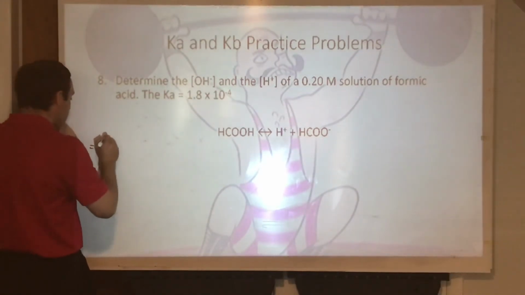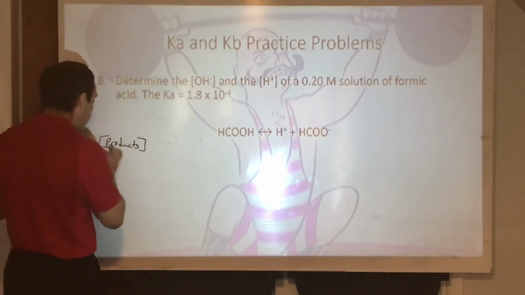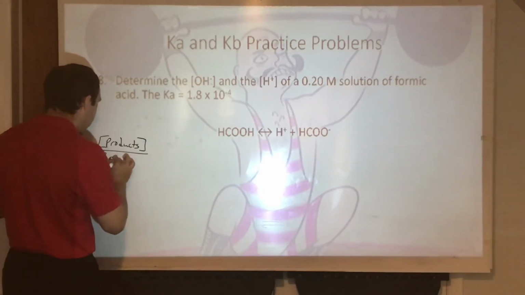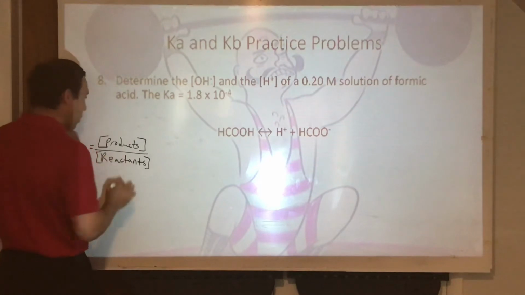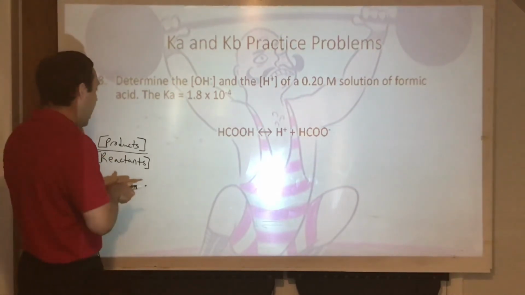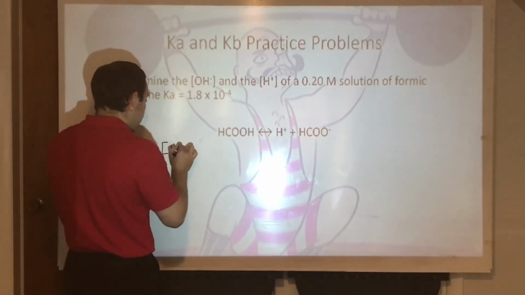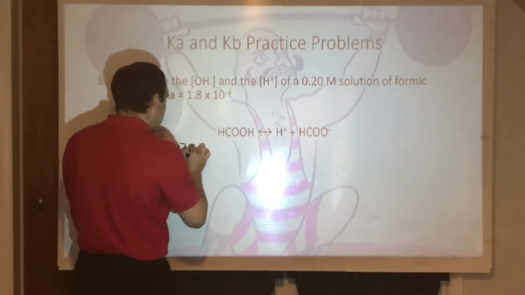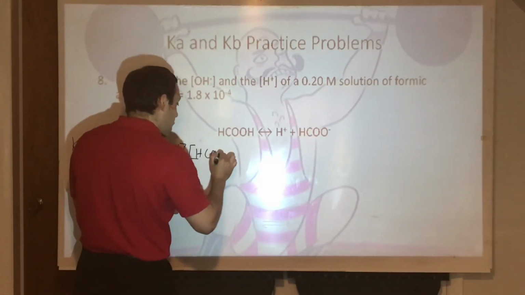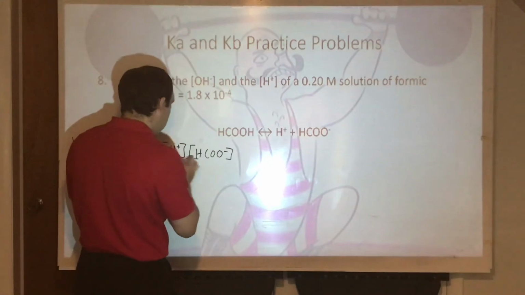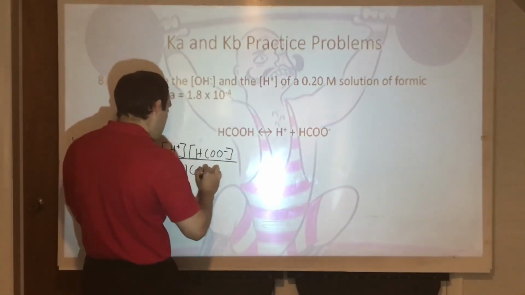Ka equals products over reactants, the concentration of the products over the concentration of the reactants. And let's plug in. We have H plus as product number 1 times HCOO minus as our second product, over our reactant HCOOH.